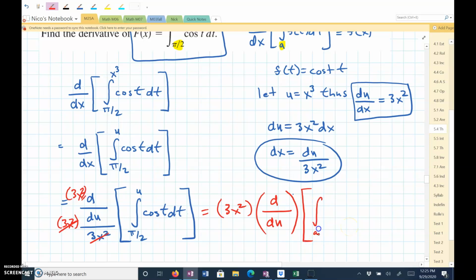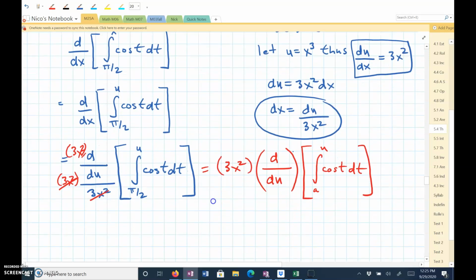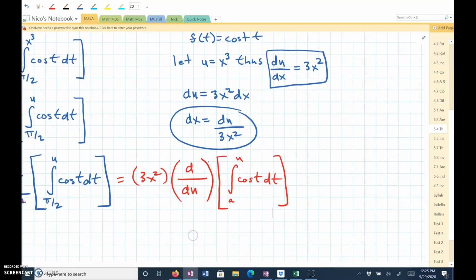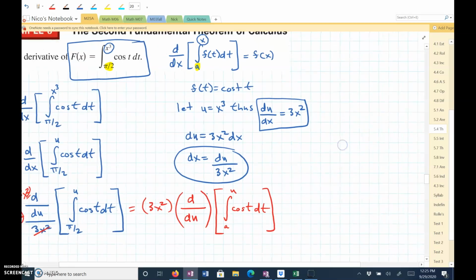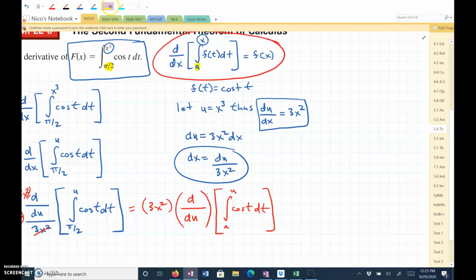And then the integral from a to u of cosine of t dt. And now this is the same as this. The only difference is this is dx, this is du. This is x, this is u.